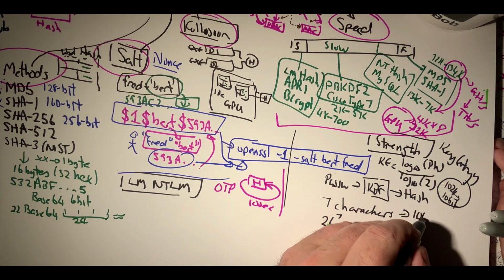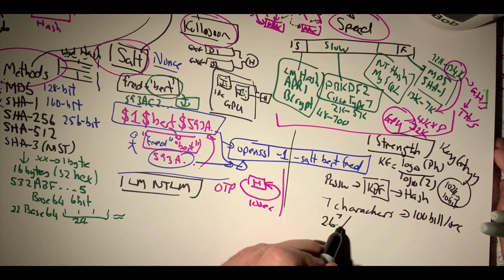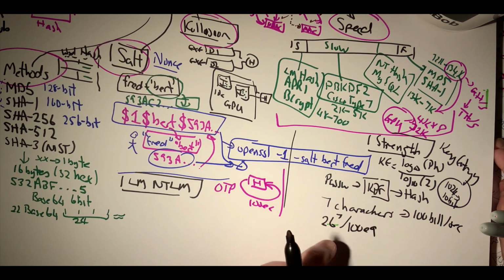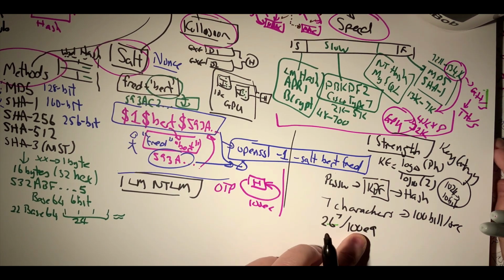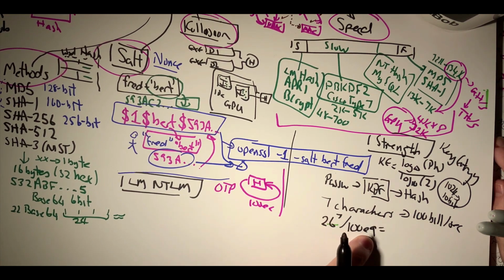And let's say that we crack at 100 billion hashes per second. Then we can compute the total time to compute all of the passwords as 26 to the power of 7 divided by 100 times 10 to the 9.